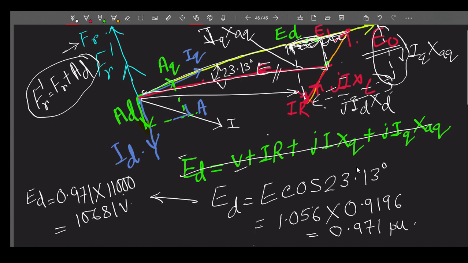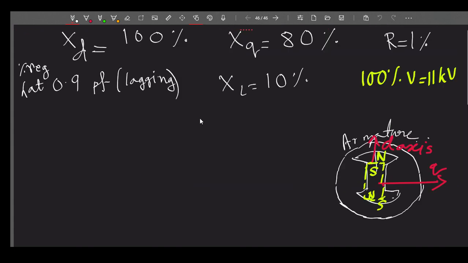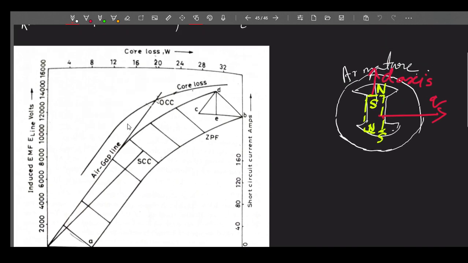Now what is this much voltage? This 10681 is proportional to Fr dash, right? Now for this we need to figure out the value of IF. So for that we need that graph, yeah, this one.